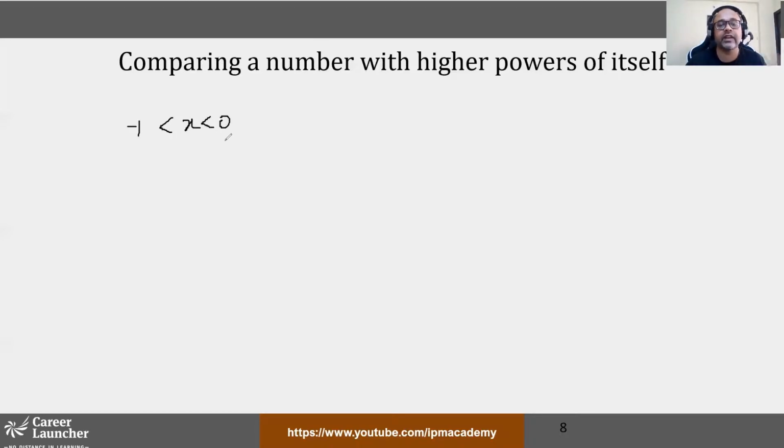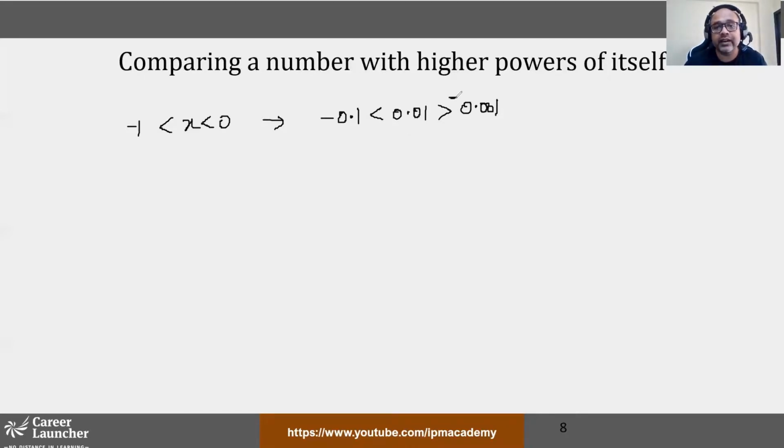So let's take a fractional value, minus 0.1. When I square it, you will get 0.01. When you cube it, you will get 0.001. But basically, whenever you take an even power, it becomes positive.